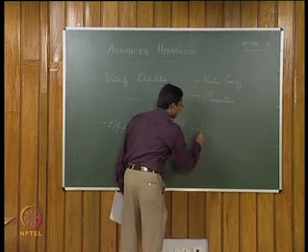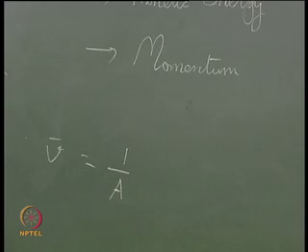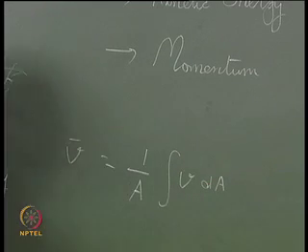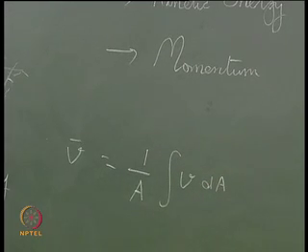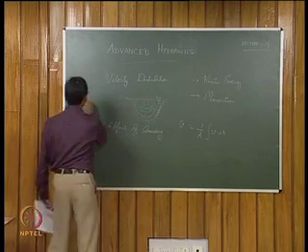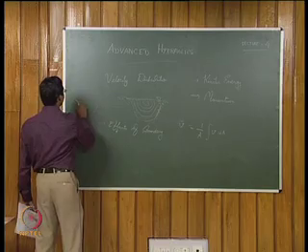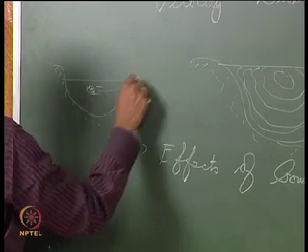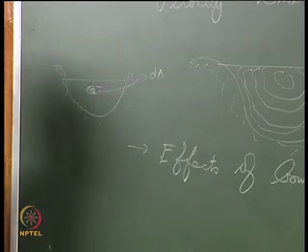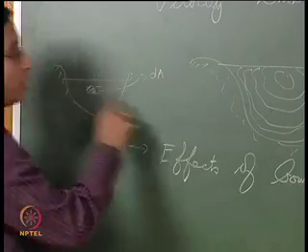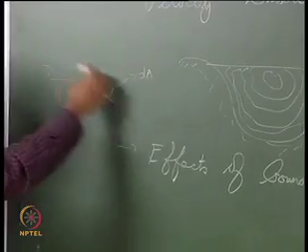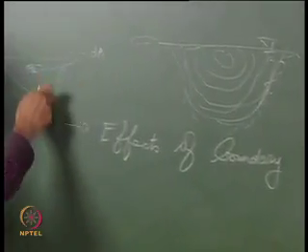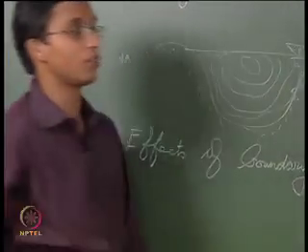If a person is taking average velocity for such a channel, which was defined in the last class as 1 by A into the integral of V dA: if you take any cross-sectional elemental area dA, the velocity at this position V into dA is integrated for the entire cross section, and once you get that integrated value, if you divide it by the entire cross-sectional area, you will get the average velocity.